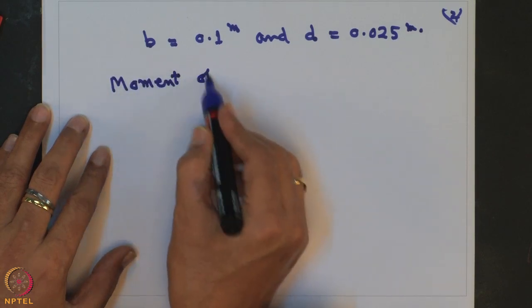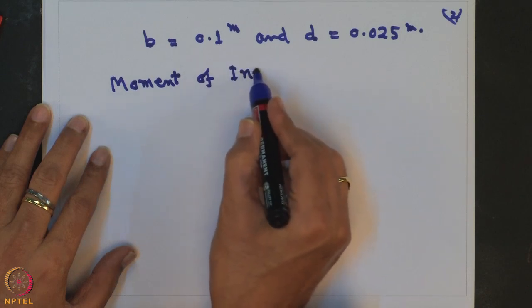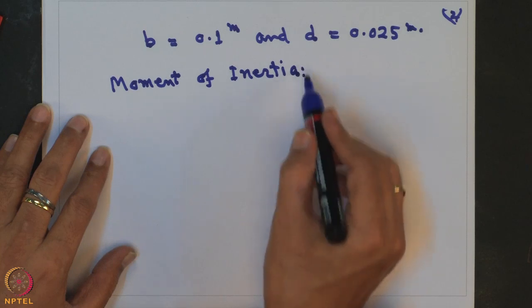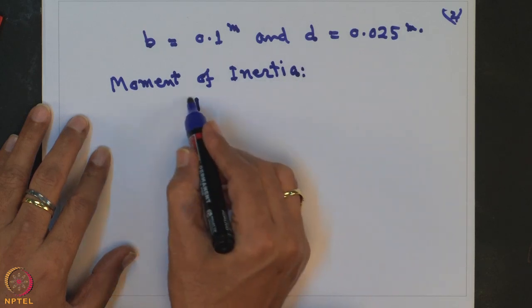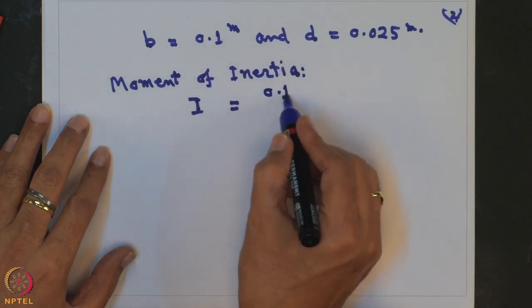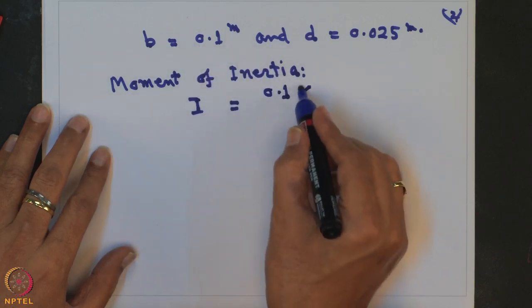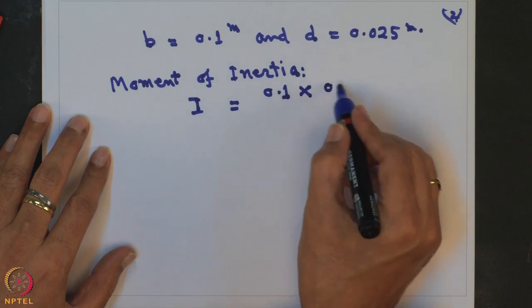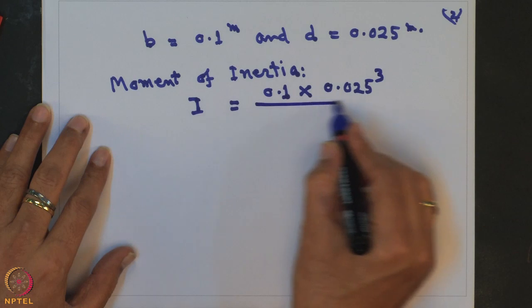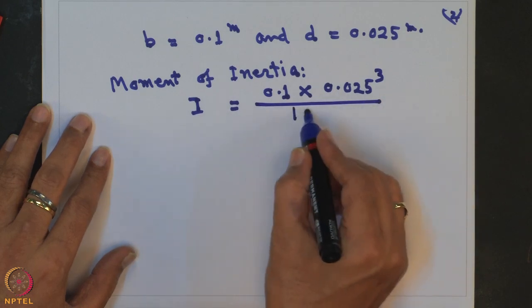The moment of inertia I will be equal to B d to the power 3, that means 0.1 into 0.025 cubed, divided by 12.